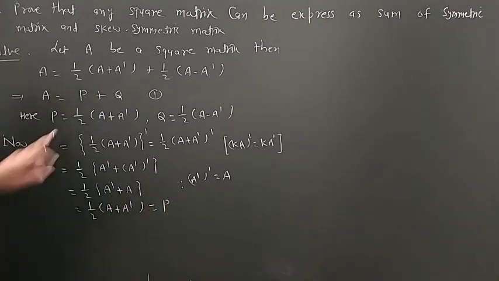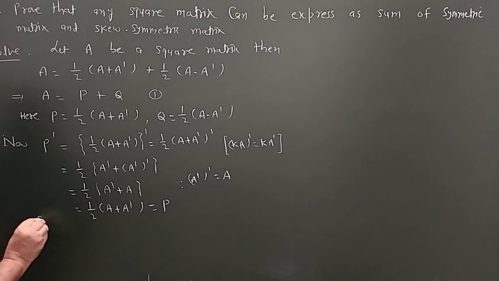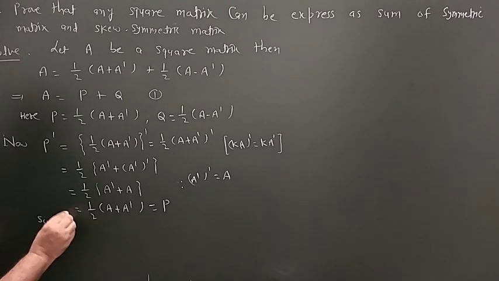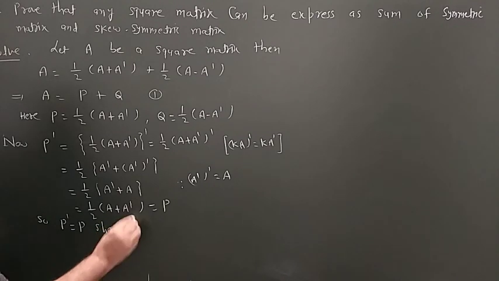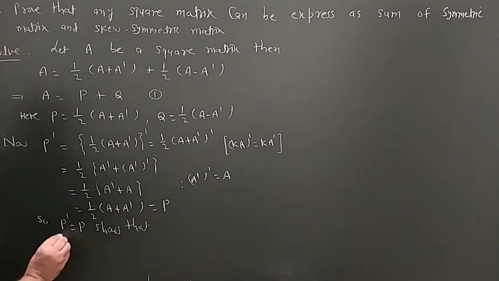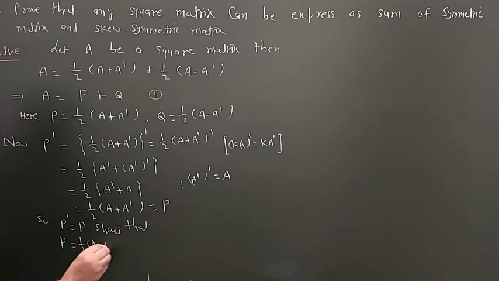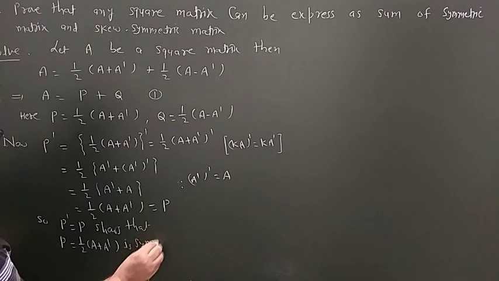This again is equal to P. So P dash equals P shows that P equals 1 upon 2 A plus A dash is symmetric.